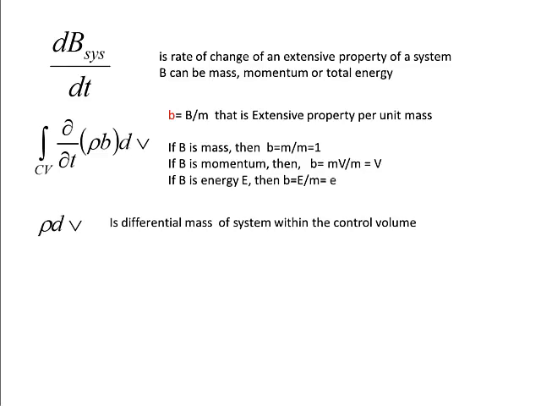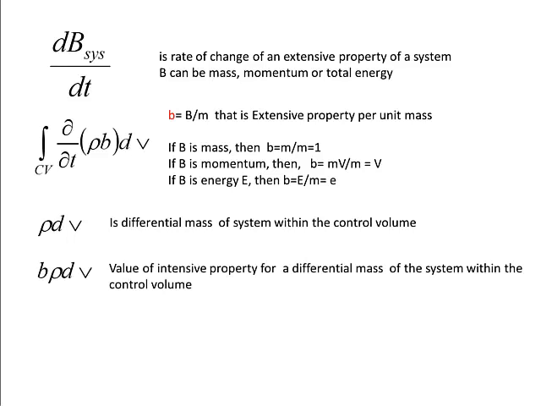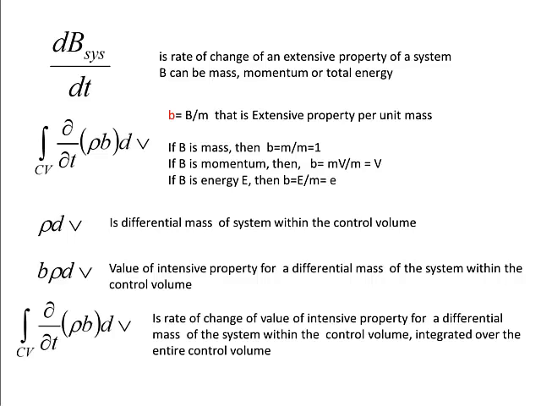Rho dV is the differential mass of the system within the control volume. b rho dV is the value of the intensive property, for a differential mass of the system, within the control volume. Finally, the first integral refers to the rate of change of the value of the intensive property, for a differential mass of the system within the control volume, integrated over the entire control volume.